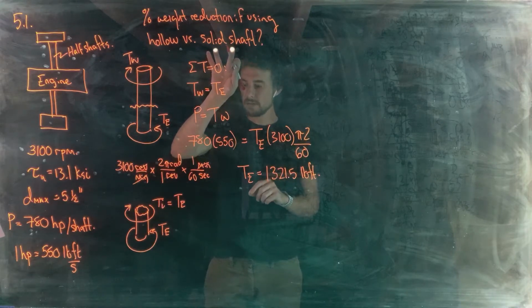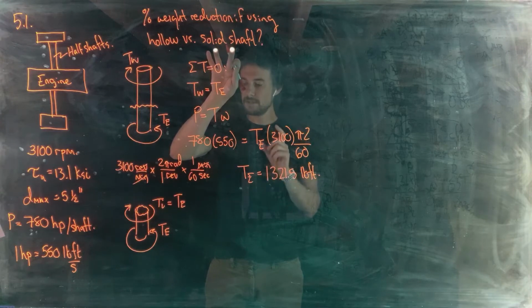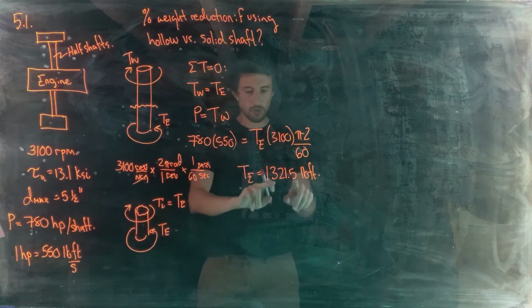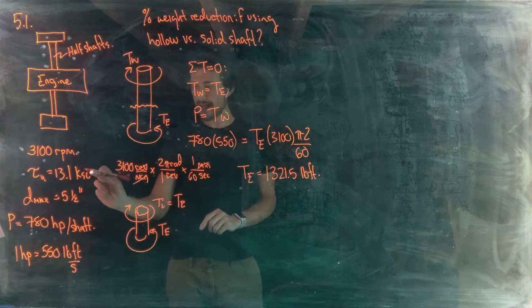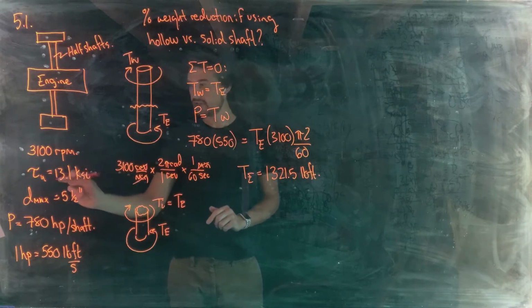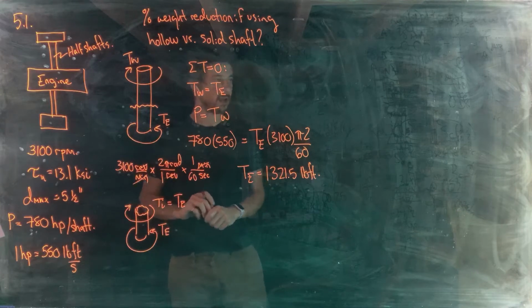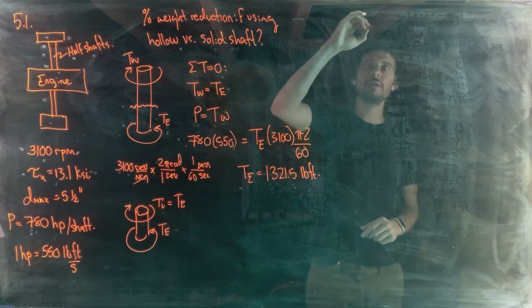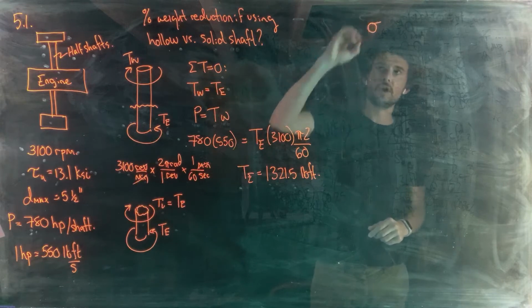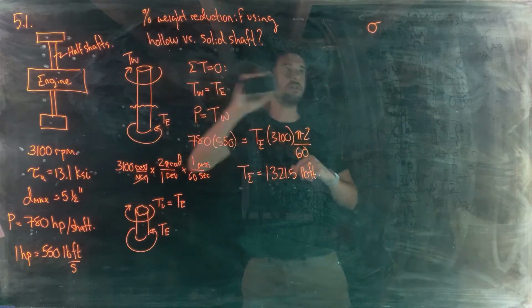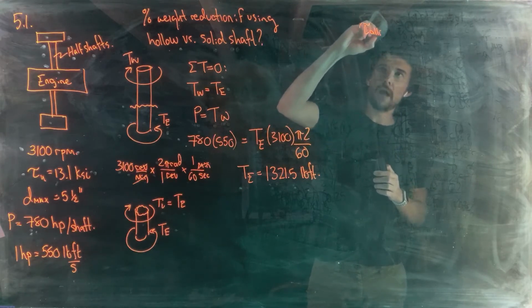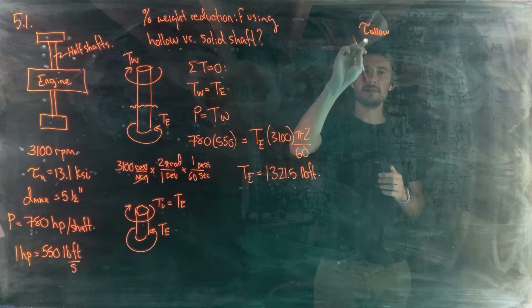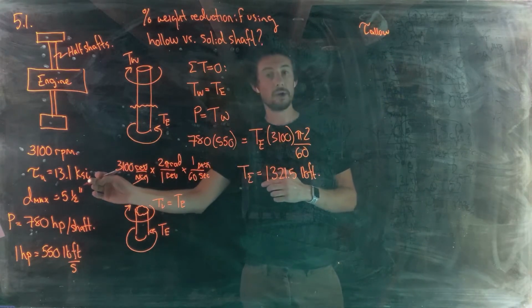So we'll figure out what the smallest diameter solid shaft could be to support this internal torque, with only allowing the maximum shear stress to go up to 13.1 KSI. We're going to equate, not sigma because we're dealing with shear stress, not normal stress, what the allowable shear stress is in our system, which is 13.1 KSI here.